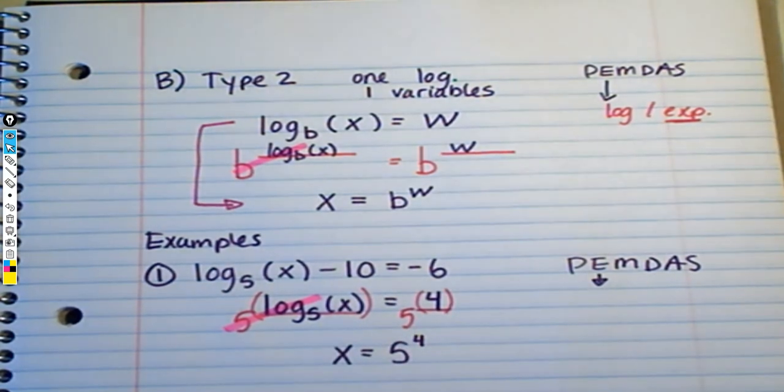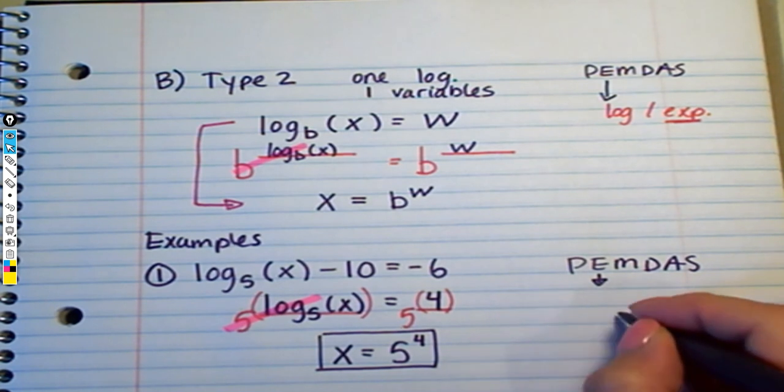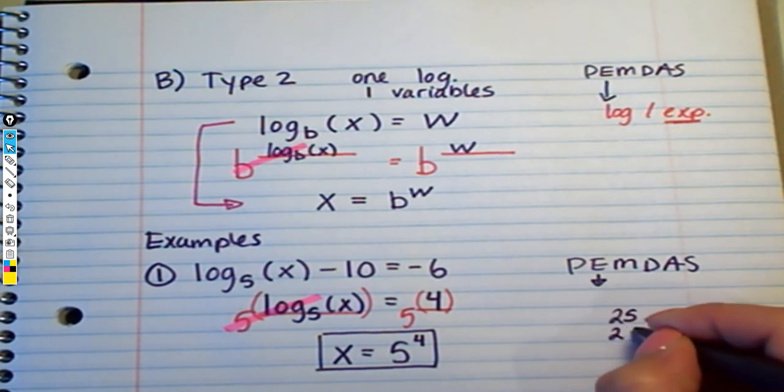You can leave it in exponent form because you did solve for x, and 5 to the 4th is 25 times 25.